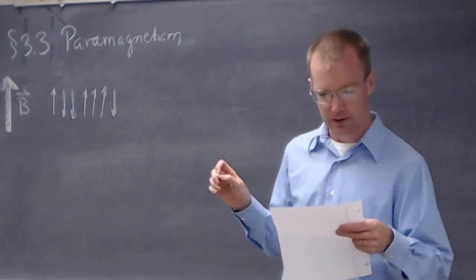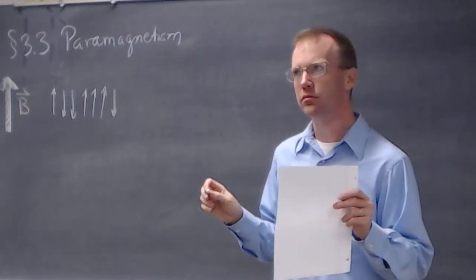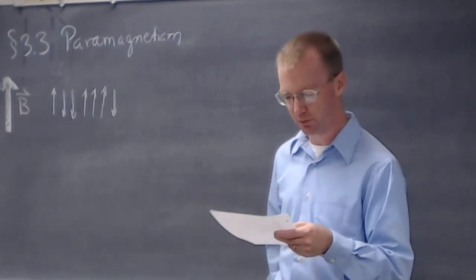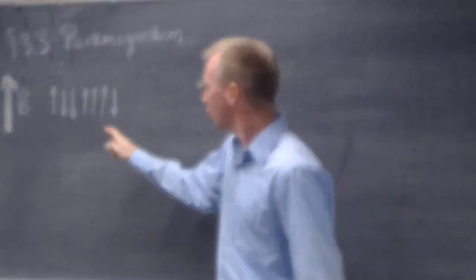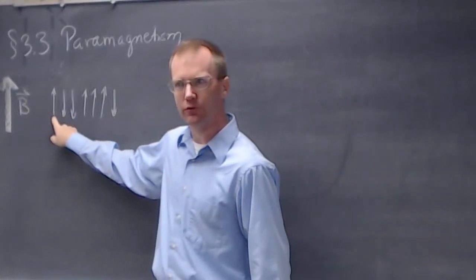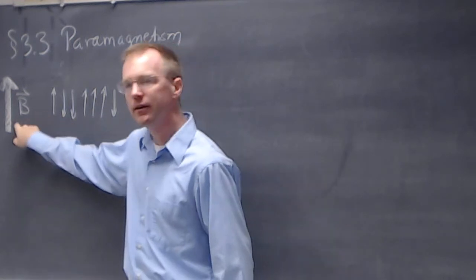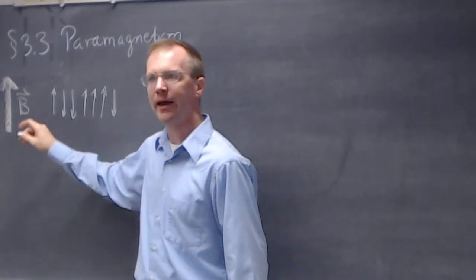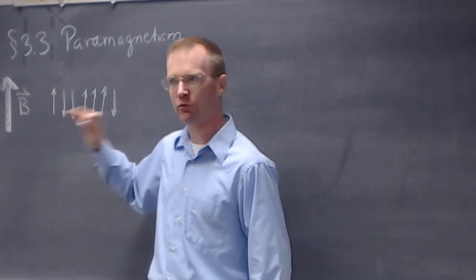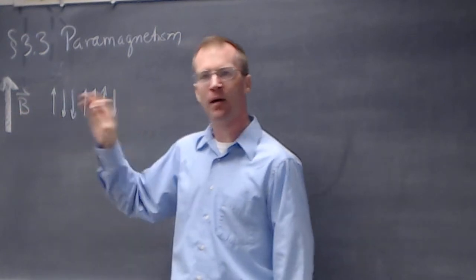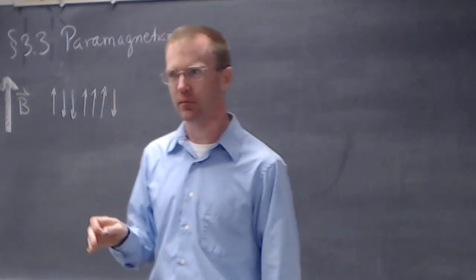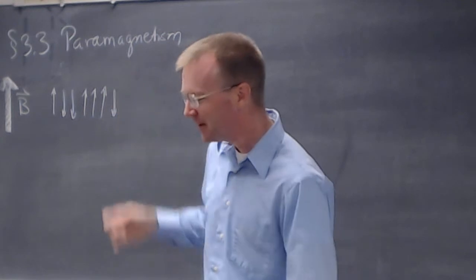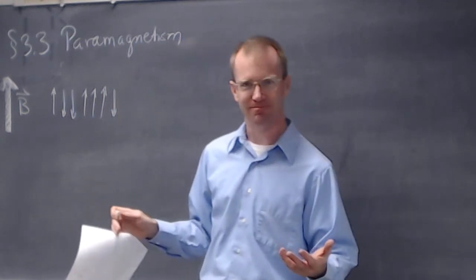Now, one really key thing to remember. When one of these dipoles, one of these arrows, is lined up with the magnetic field, that's the low energy state. That's the way it wants to be. Hamilton's principle, not actually named for me. Nature is lazy.